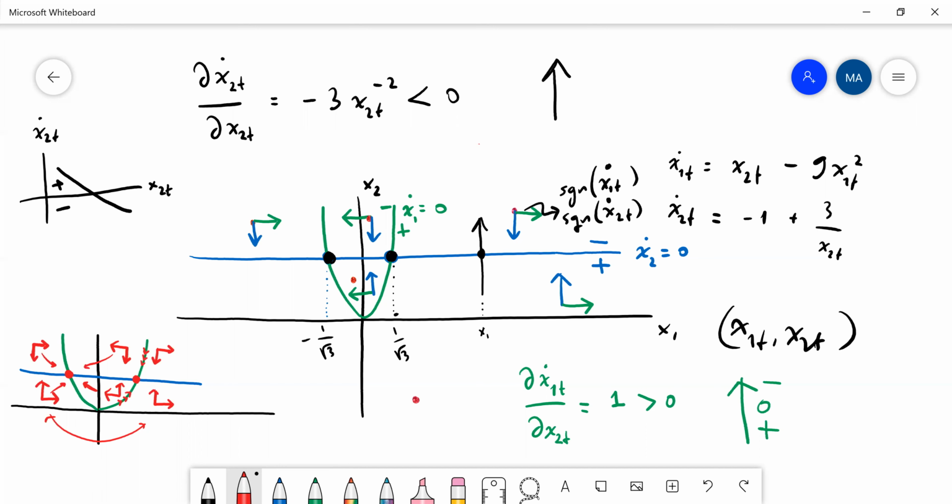Now imagine the movement. If I am on that line, x1 dot equals 0, if something keeps me on the line, I move along the line, right? I move along the curve. But I cannot specifically say whether this is what we otherwise call a saddle path.